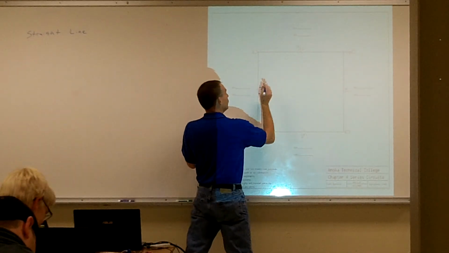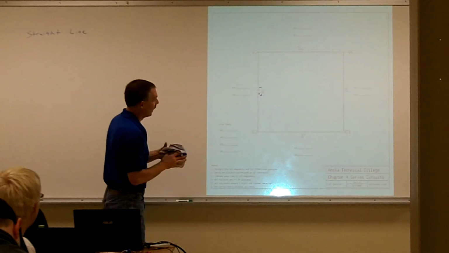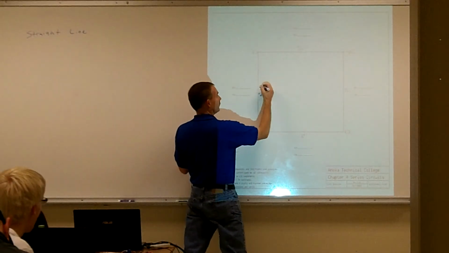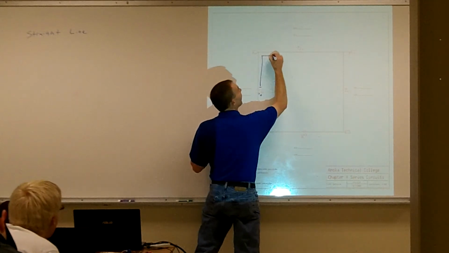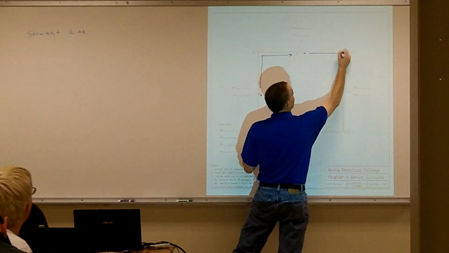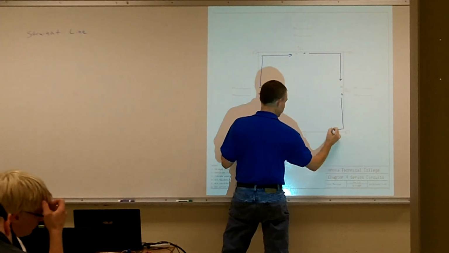So this one's going to flow clockwise or counterclockwise? Clockwise this time. So it's going to flow from our negative this way, making sure we get our polarities across our resistors.